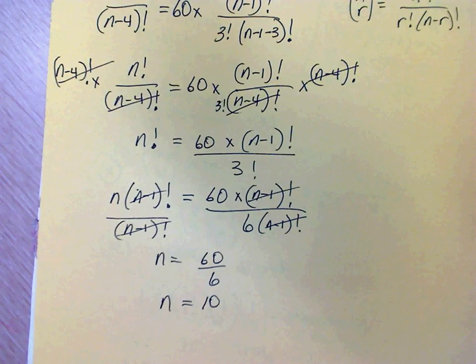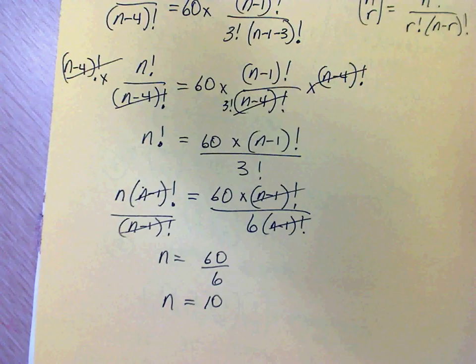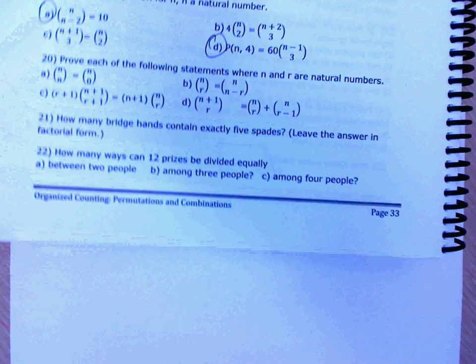Right, so that was quite an involved one. The next question was number 20. Okay, because 20 is more involved. So question number 20, which one in 20 would you like me to do?